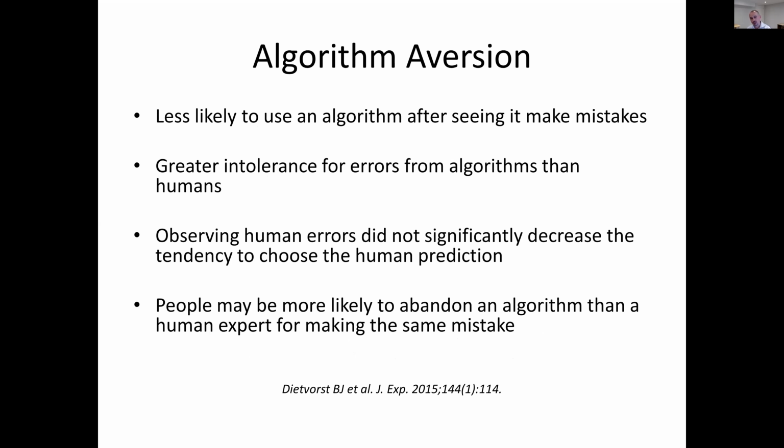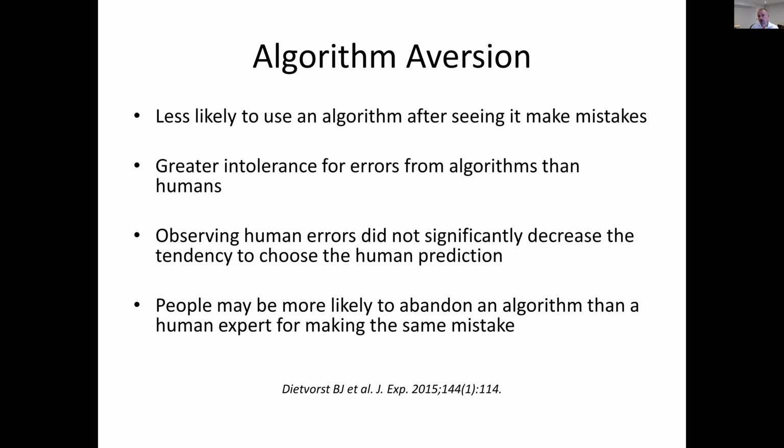And subjects were also told that a very robust statistical model was developed, and the study was designed in such a way that some subjects had to make a prediction alone, some could only use a statistical model, and some could use both. And what they found was that users were less likely to use the algorithm after seeing it make mistakes. And this is despite the fact that on average, the algorithm performed much better than humans.